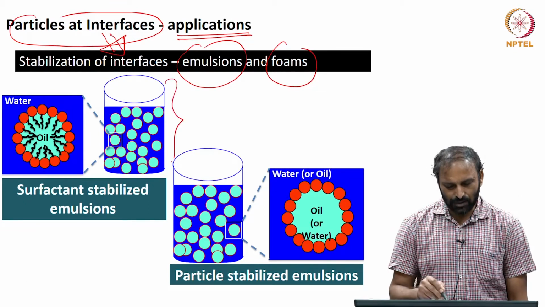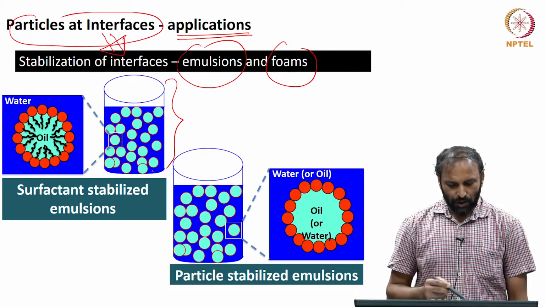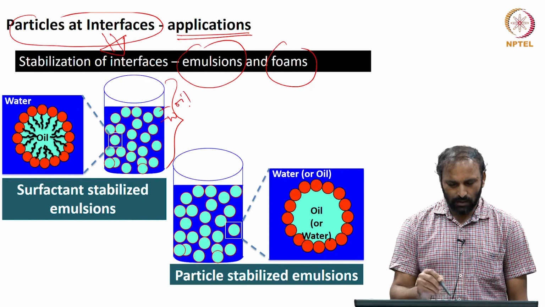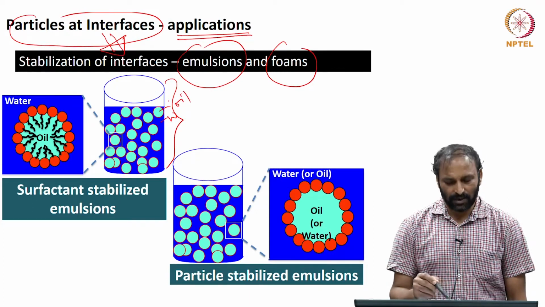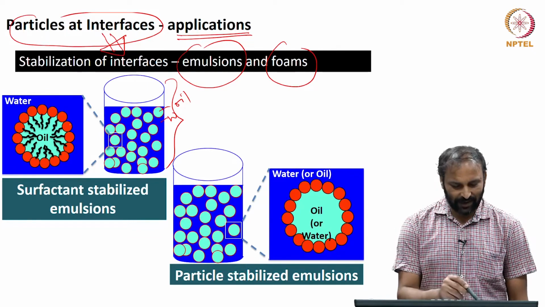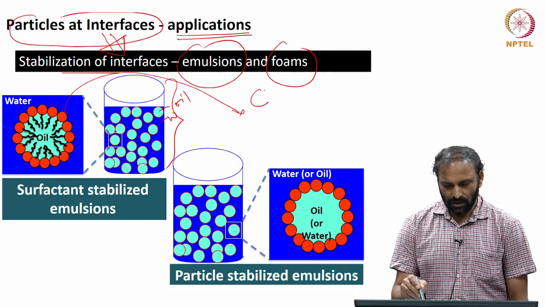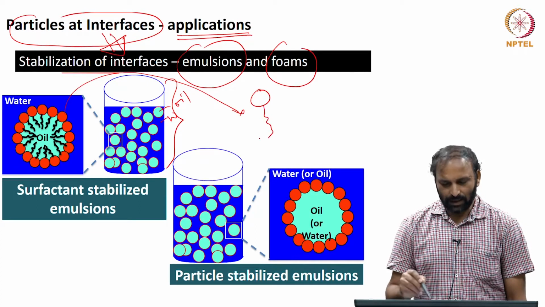The schematic that you see here is an example where you have a system of water and an oil, and then you add a little bit of surfactant, a surface active agent, designated as something that has a circular head group and a tail group.